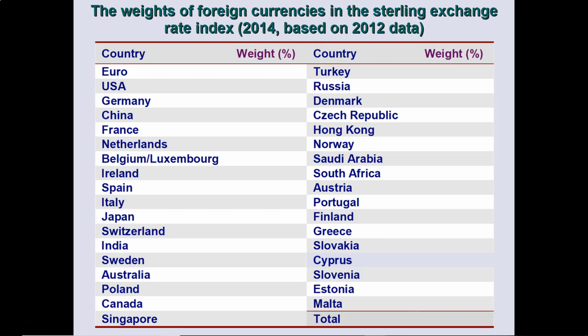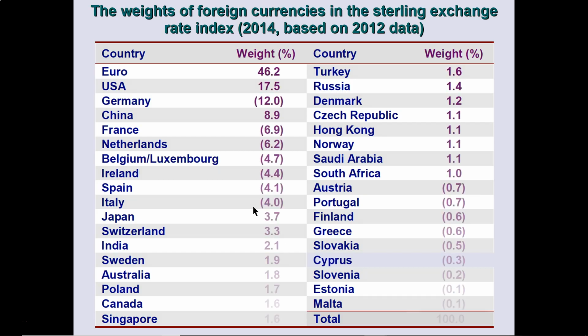Let's have a look at an example of how an exchange rate index can be constructed. First of all, we'll need to write down a list of countries which are our main trading partners. And then we can assign the weights of their currencies within the exchange rate index based on the volume of our trade with them.